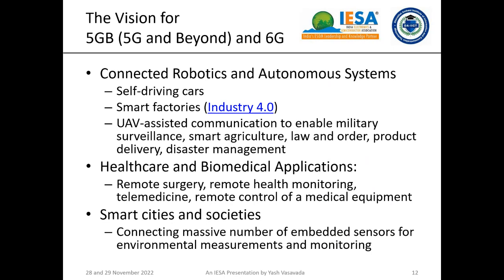And this whole new concept that is still currently being developed, the concept of smart cities and societies, where there will be a massive number of embedded sensors, sort of the Internet of Things, to provide not only measurements and monitoring, but there is some newer version of this technology, which is called cyber physical systems, which will also be able to control the devices in a feedback control loop manner.